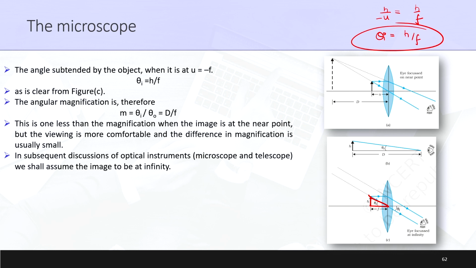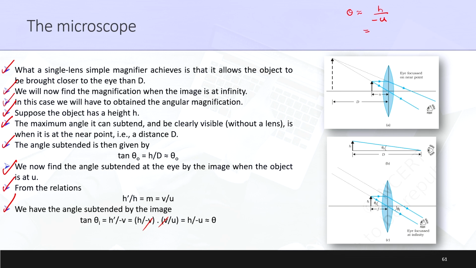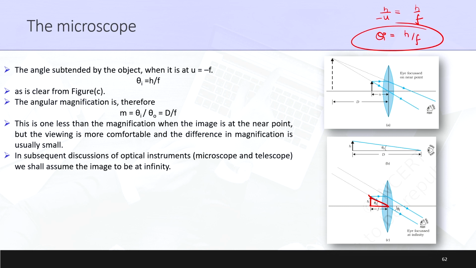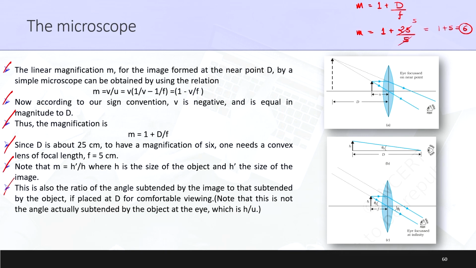Before moving on to the further discussion of the telescope, let me revise and summarize everything here. Basically, in this microscope we have three different cases in which the image was being formed. Let me iterate.